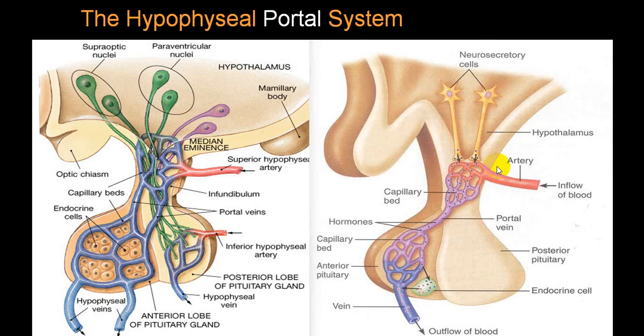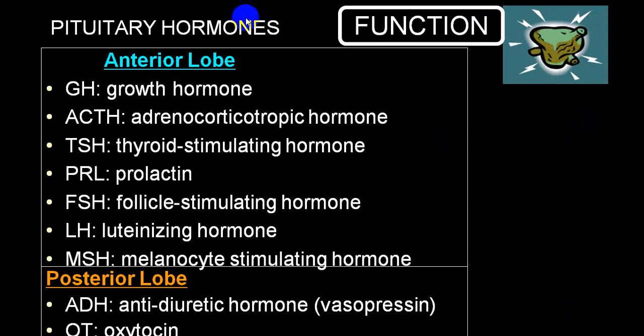All the hormones of the hypothalamus, other than those secreted by the supraoptic and paraventricular nuclei, will be secreted directly into that portal venous system, and through it they will have an effect on the anterior pituitary cells, which will release hormones directly into the hypophyseal veins. These hypophyseal veins will have an effect on target organs like the thyroid gland, adrenal glands, gonads, etc. So the anterior lobe of the pituitary gland secretes a lot of hormones.